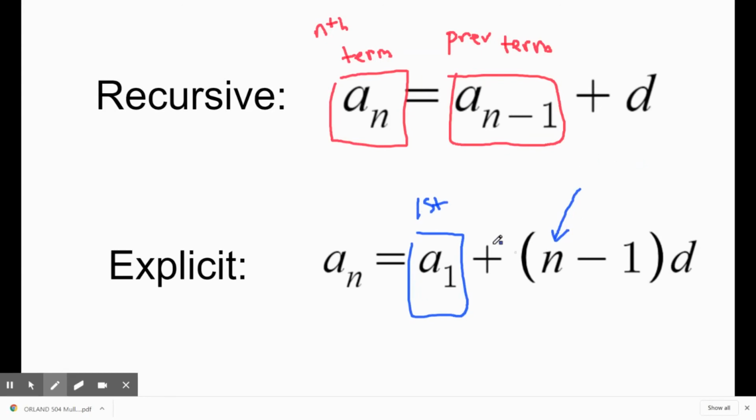So if I wanted the 7th term, as long as I know the first term, I could always get that term by just substituting whatever those numbers are. If I knew the common difference, which term I'm looking for, and the first term, I can always find the nth term.